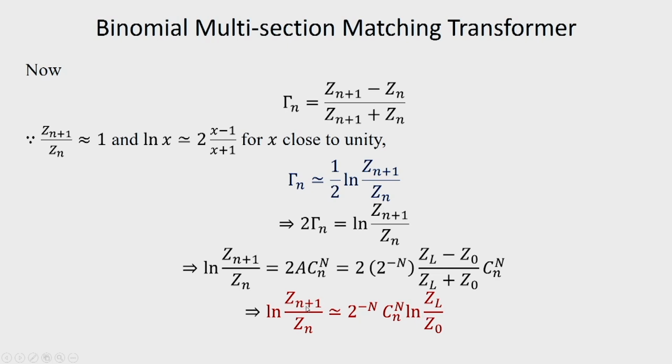So, we can calculate Z1, then once Z1 is known, we can calculate Z2, and in that way we can keep calculating till Z capital N. We can find the characteristic impedance of all the lambda by 4 sections that are used in that multi-section transformer design.